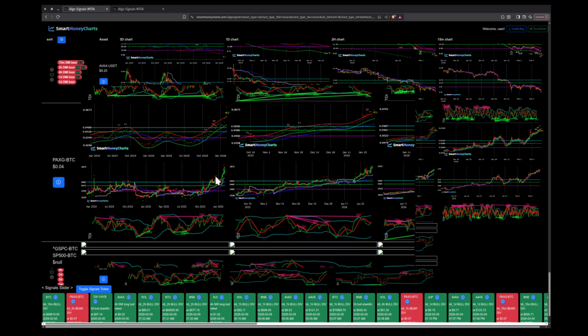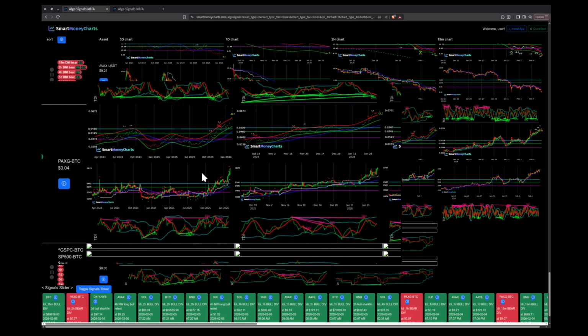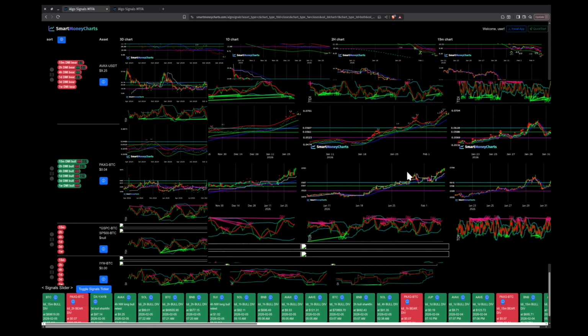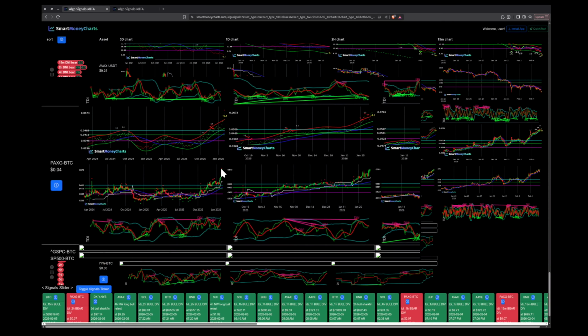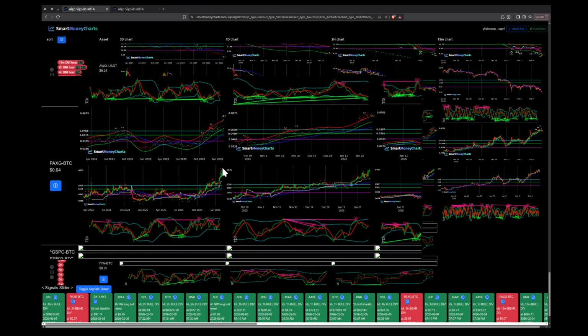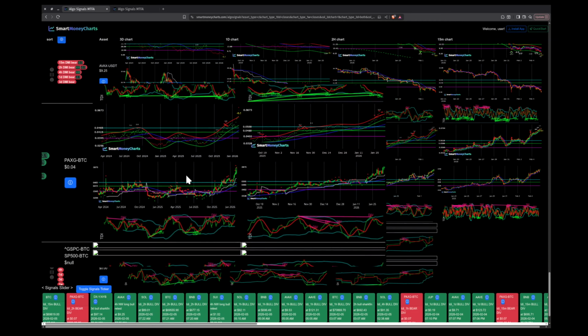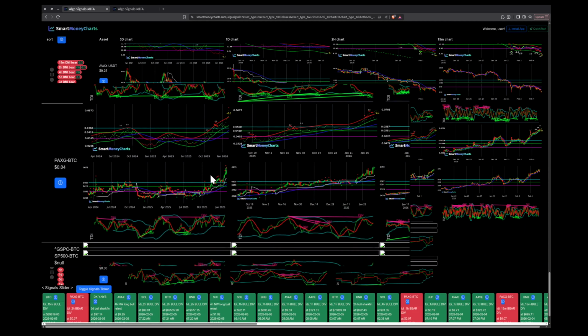So I was wondering if it was going to come back down here, but it ended up coming back to a previous high. The idea here would be that it's a really good time to start getting into Bitcoin because Bitcoin is undervalued relative to gold. That's what this ratio is of gold XG versus Bitcoin.